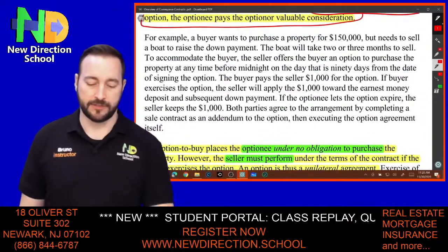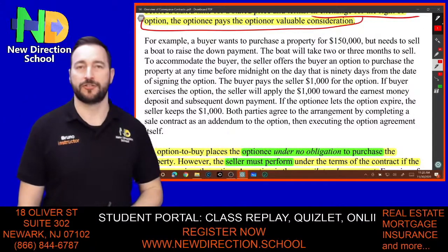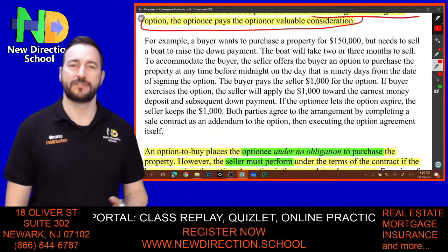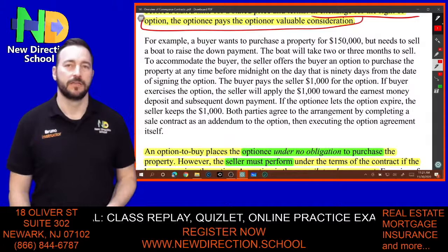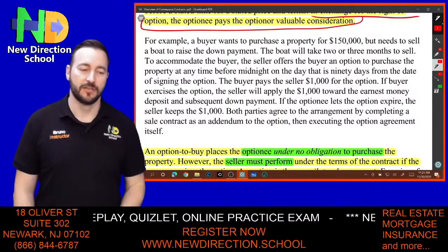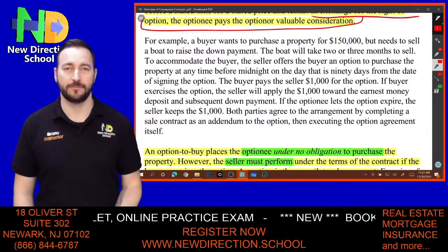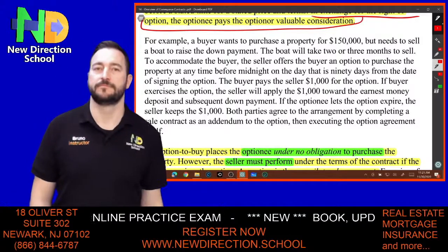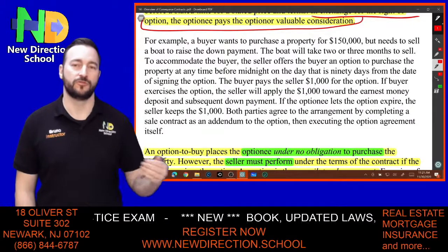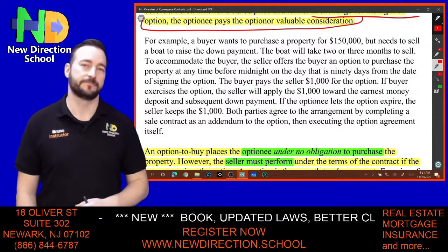All right, so the option to buy places the optionee, the buyer, under no obligation to purchase. However, the seller must perform. What type of contract is this? If the buyer has no obligation, but the seller has an obligation, is it bilateral or is it unilateral? One party must do something. So the buyer is not obligated to perform, but the seller is.